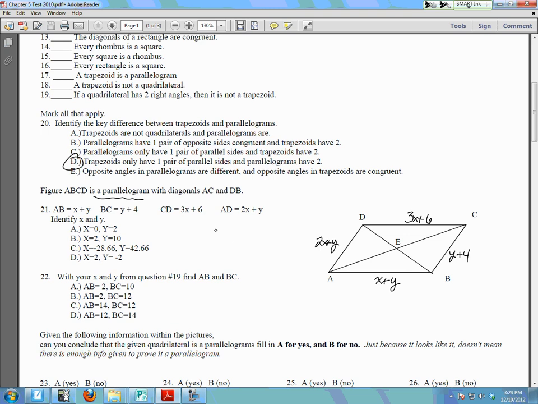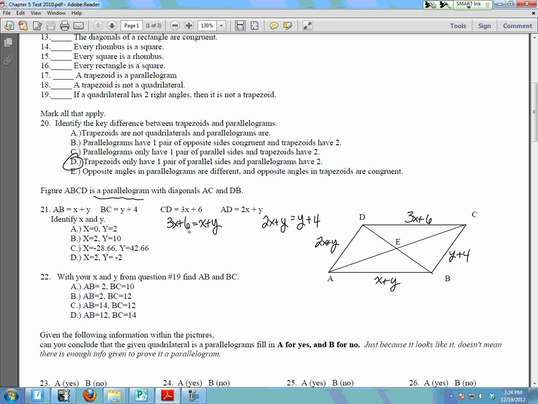So I'm going to take 3x plus 6 is equal to x plus y, and then I'll take 2x plus y is equal to y plus 4. Okay, when I solve both these equations, I see I have 2 variables in both of them. I might want to use a system of equations.